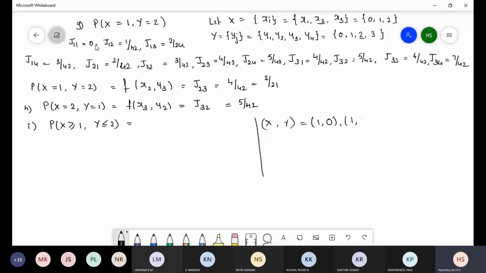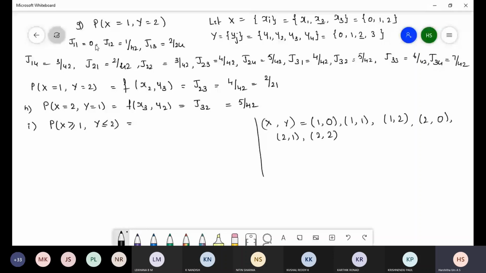This is the possibilities of x is equal to 1. Next, greater than 1 means we have 2 in the x value, so 2, comma 0; 2, comma 1; and 2, comma 2, with y less than or equal to 2.